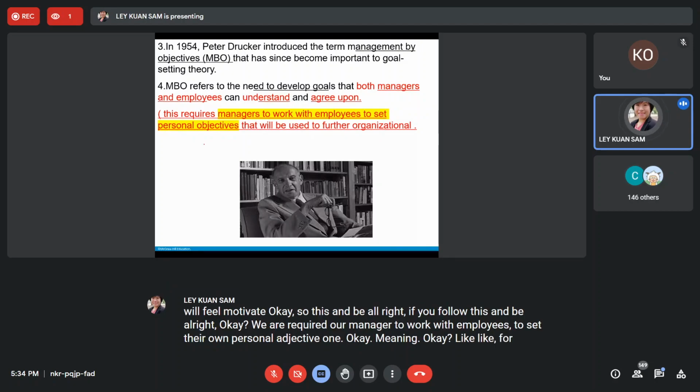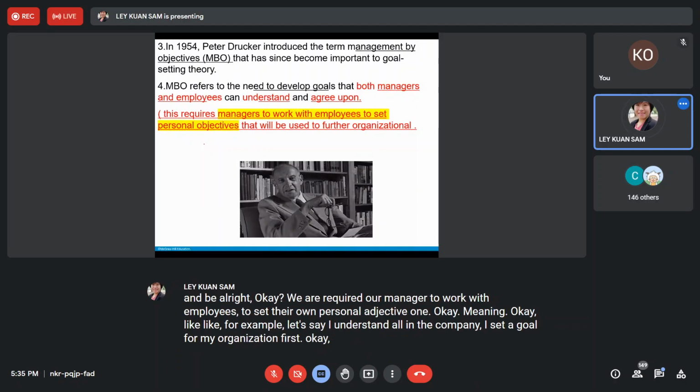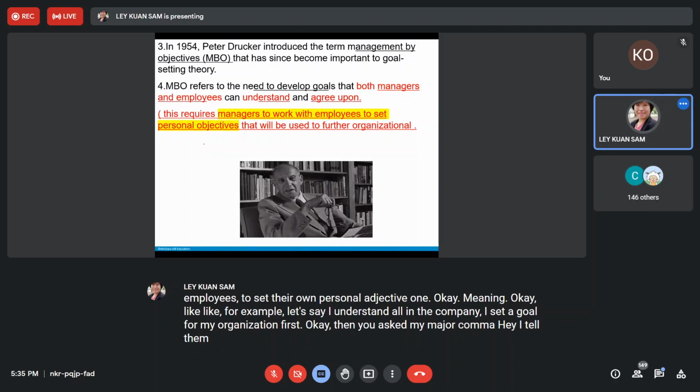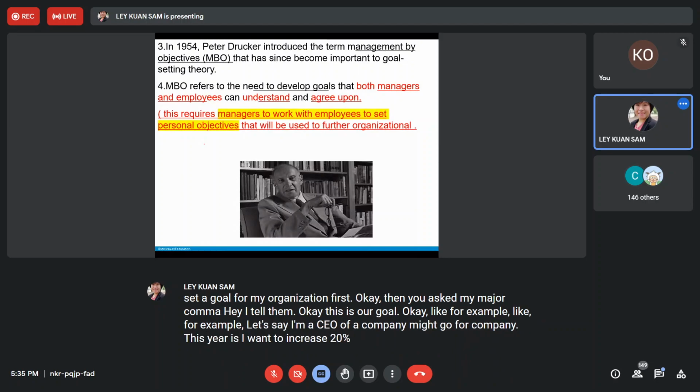For example, let's say I am the CEO of a company. I set a goal for my organization first, then I ask my managers to come and tell them, this is our goal. My goal for the company this year is to increase sales by 20%.